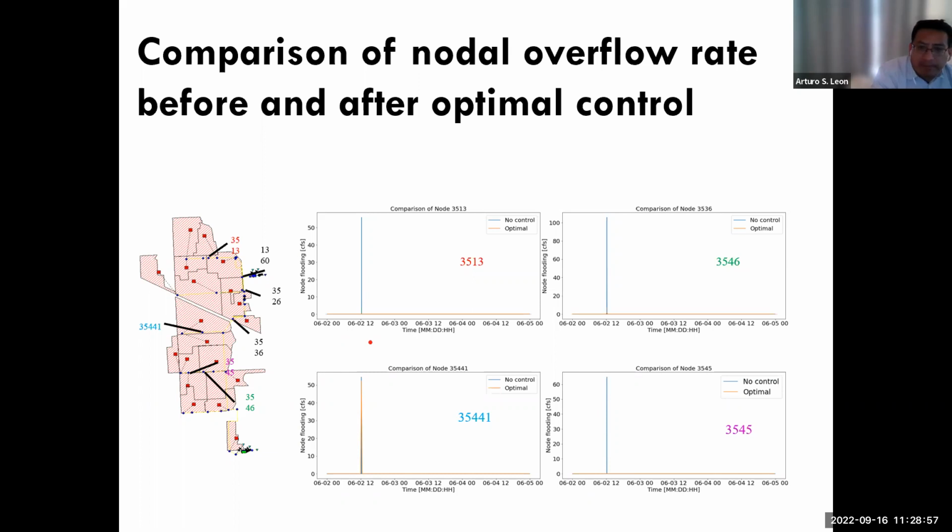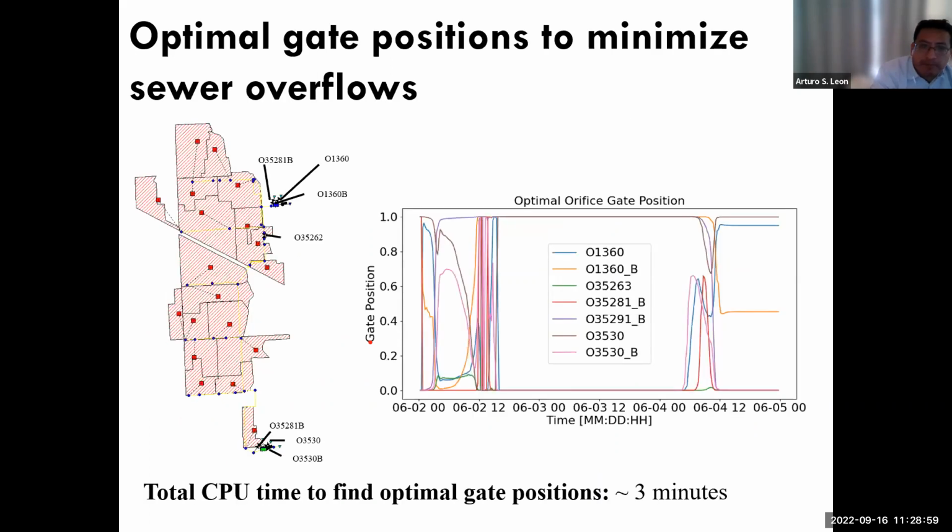So we were very happy actually with these results, and this is for one application. What should be the optimal gate positions to minimize sewer overflow? This is in 7 locations.